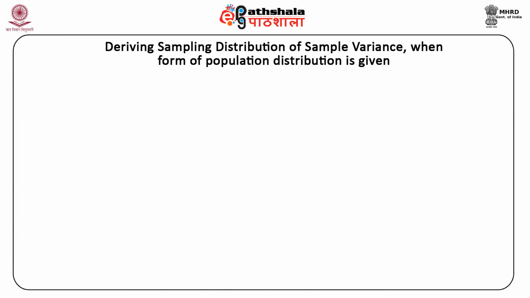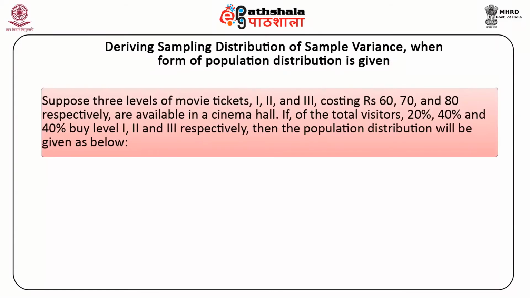Now consider the derivation of the sampling distribution of sample variance when the form of the population distribution is given. Example 2. Suppose 3 levels of movie tickets 1, 2 and 3 costing rupees 60, 70 and 80 respectively are available in a cinema hall.